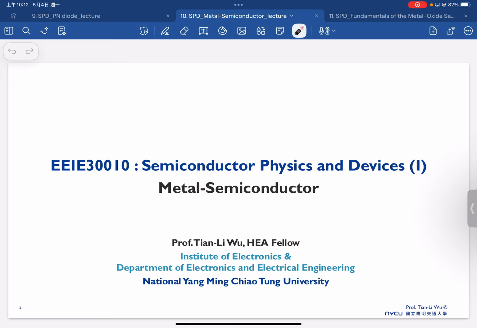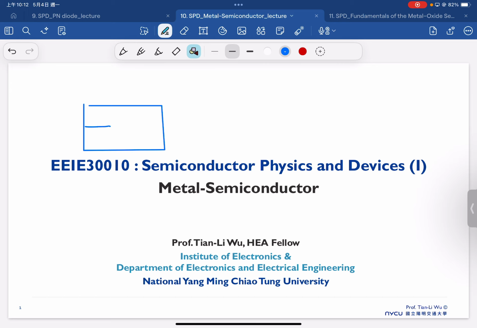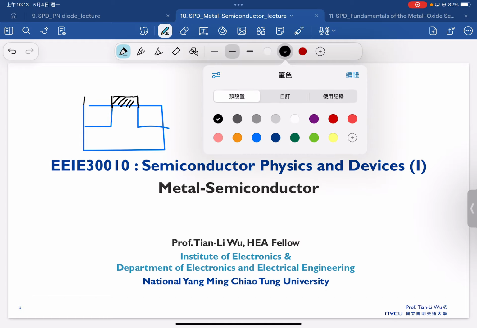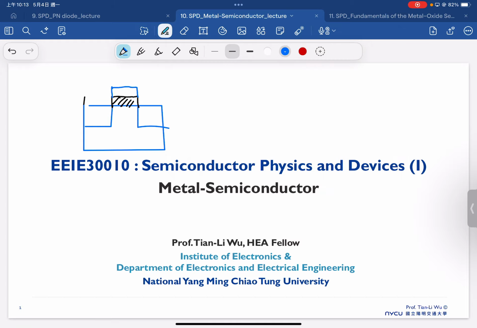In general, we can already observe this metal semiconductor interface in our MOSFET structure. So if you look at the MOSFET structure, this is our dielectric, and then we have this gate metal.